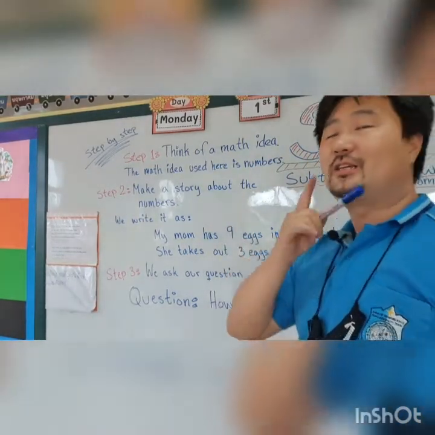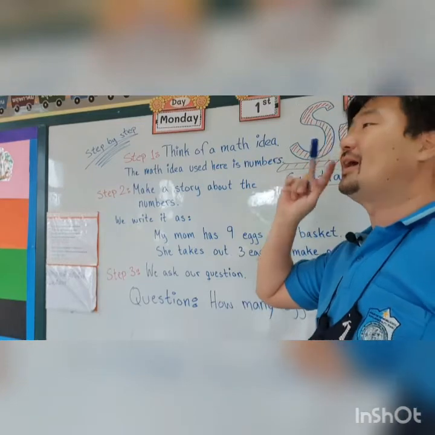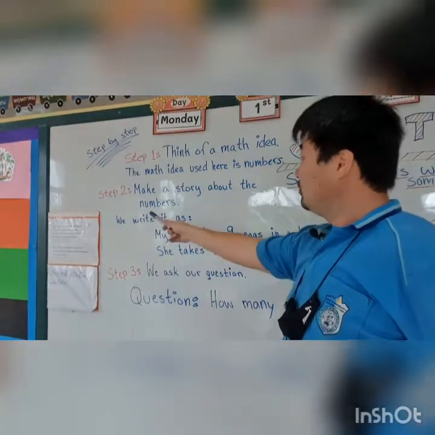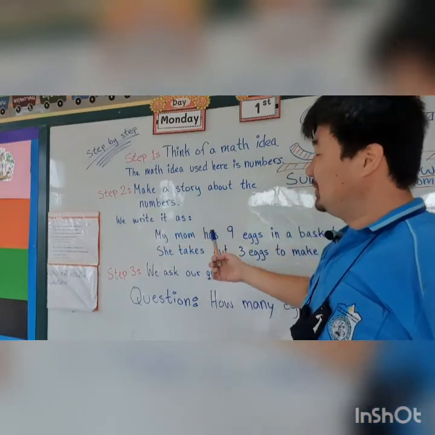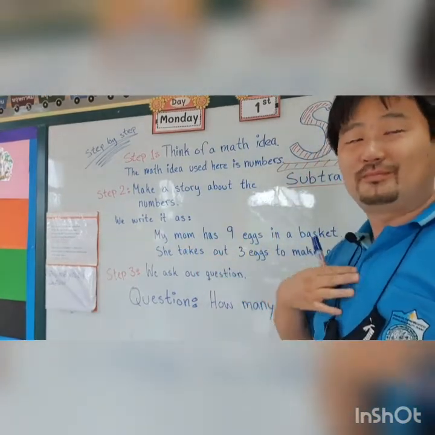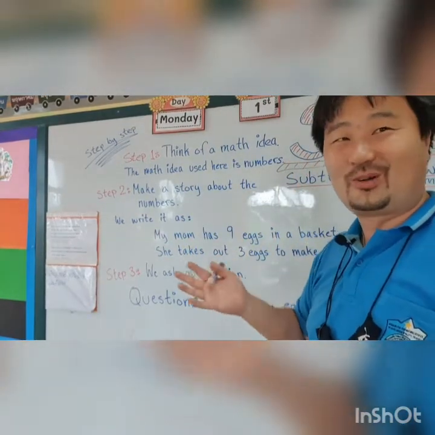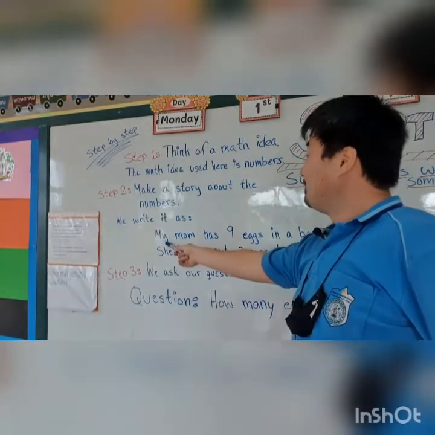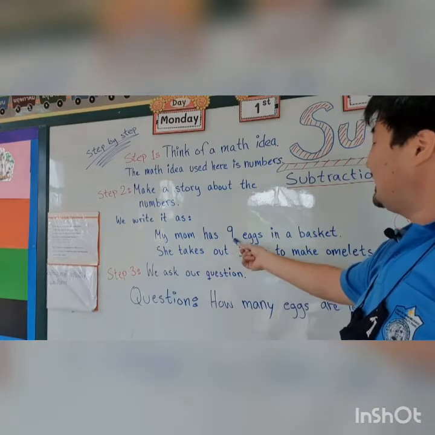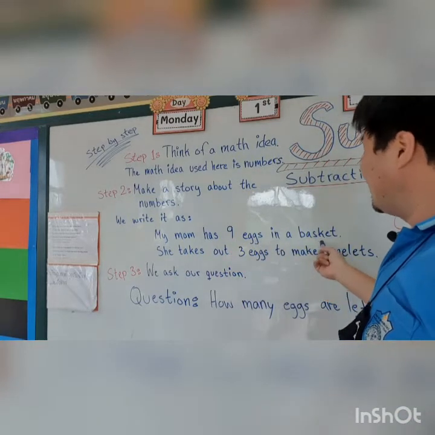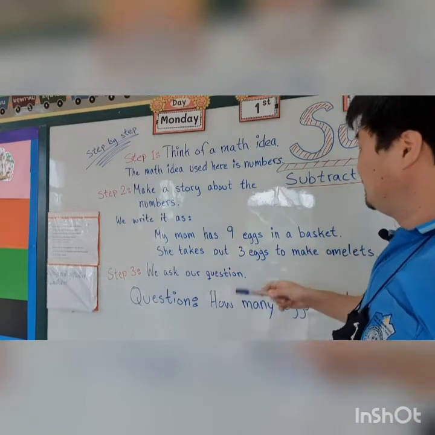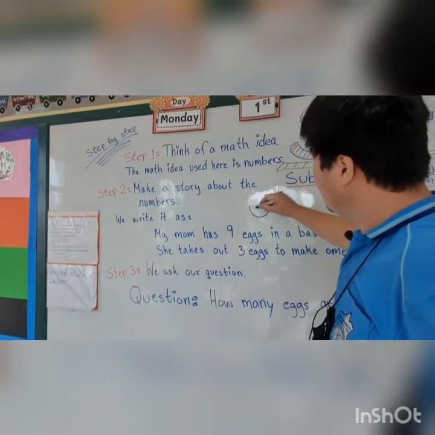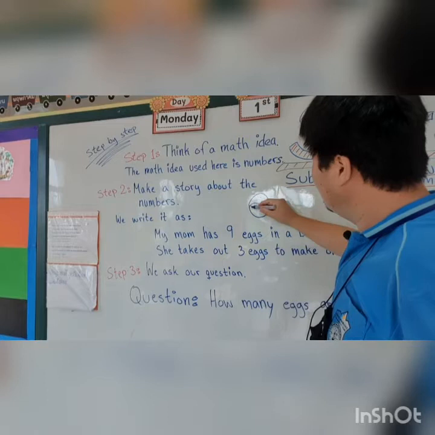So let's think. Okay, I have a story. So we write it as, this is my story. Well, it's a story from the book, but I pretend it's my story now. My mom has 9 eggs in a basket. Okay? So she has a basket like that.